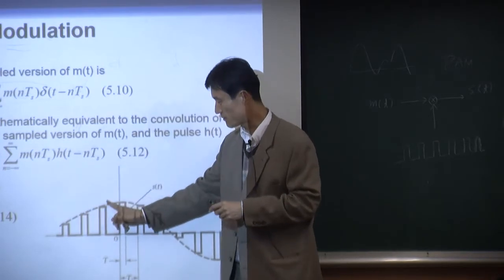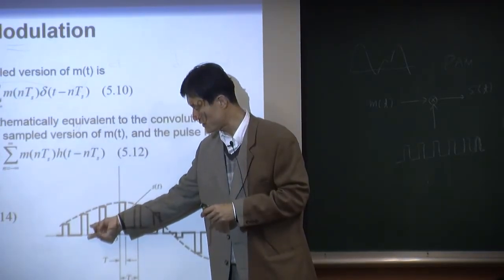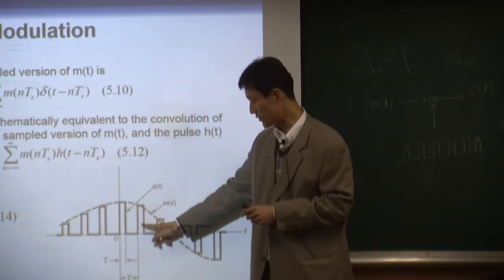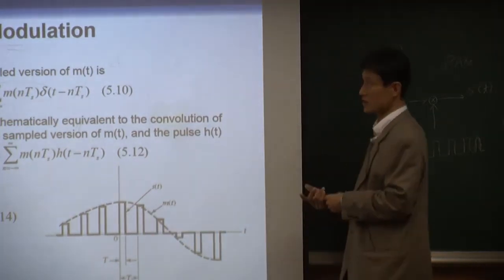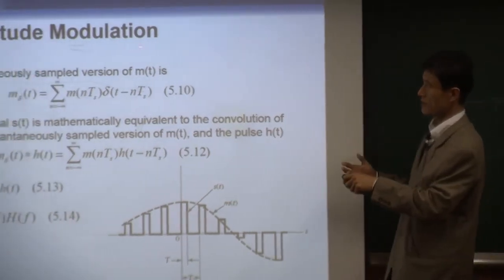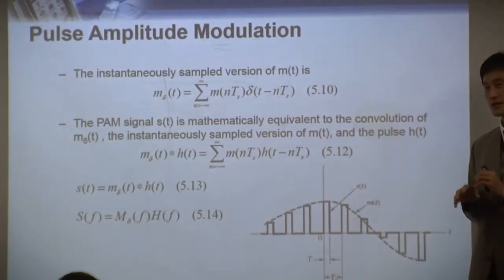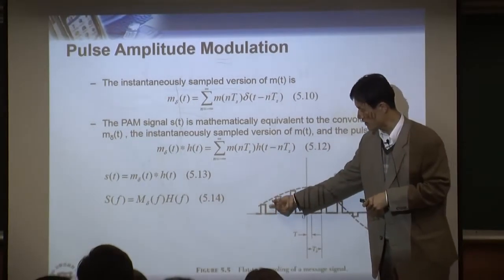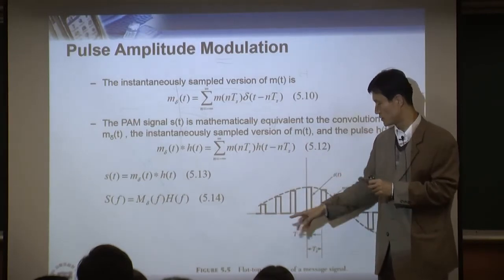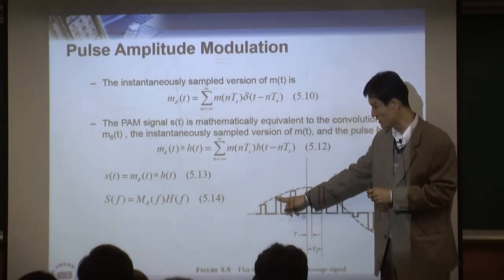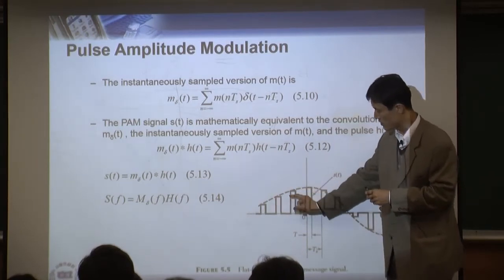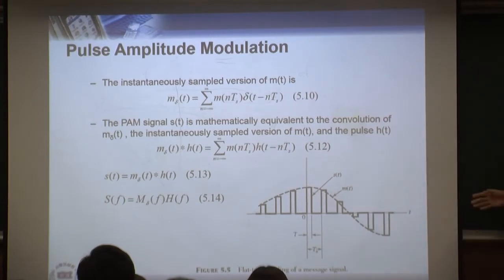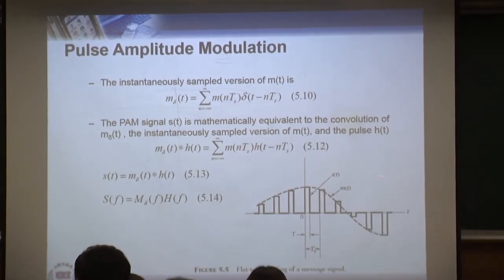So if the message goes up, your pulse goes up the same way. That's the output of pulse amplitude modulation. In pulse modulation, the signal is always a pulse, but in PAM the information is in the amplitude. Depending on the original message, you have a different amplitude in the pulse, but still it's a pulse.